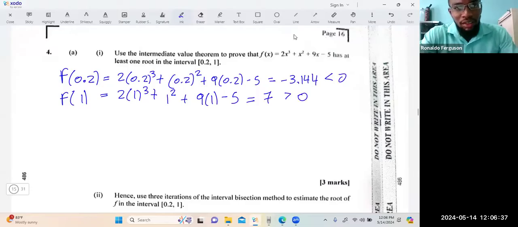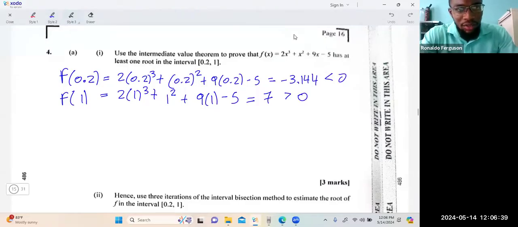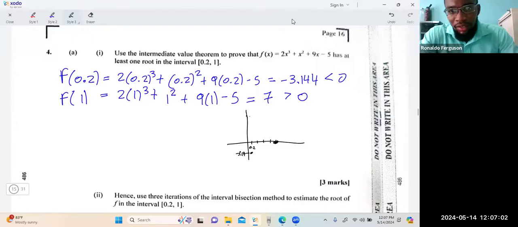If I were to sketch a graph, when x is 0.2, the y value is somewhere right here, negative 3.14. And when x is 1, the y value is 7, somewhere up here.